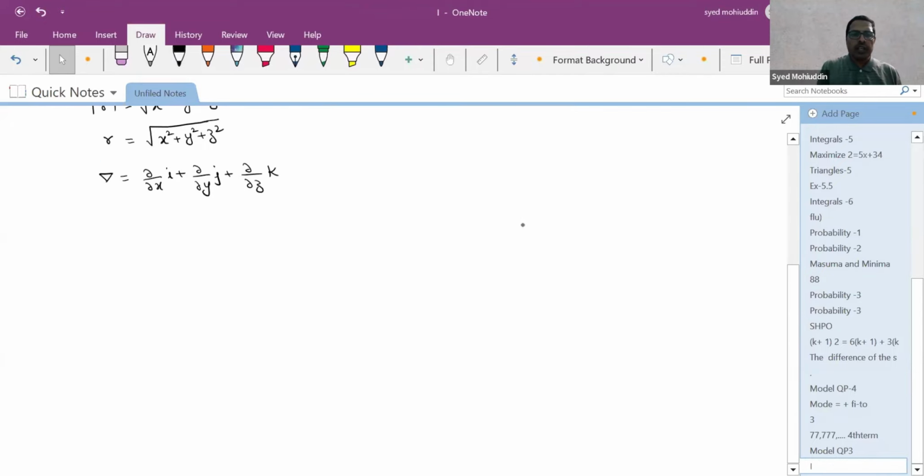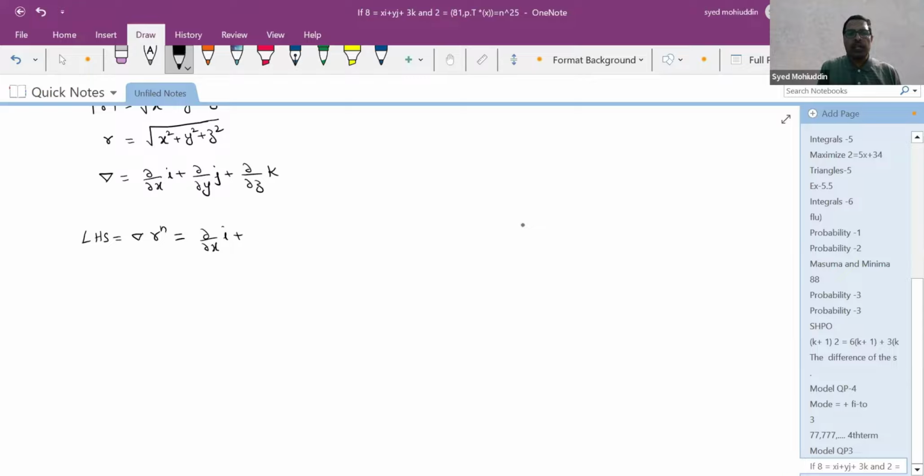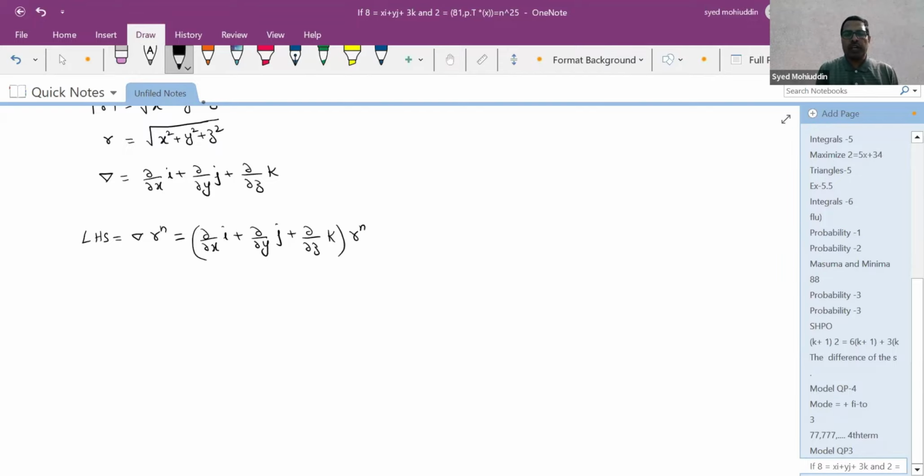LHS is del r power of n, which equals dou by dou x of i plus dou by dou y of j plus dou by dou z of k, times r power of n. Now we need to apply these partial derivatives on r power of n.